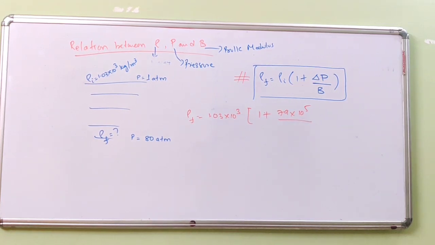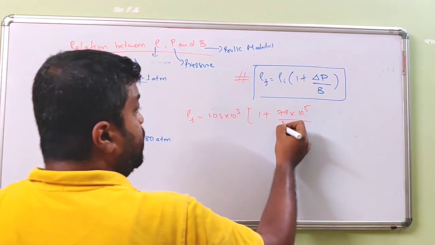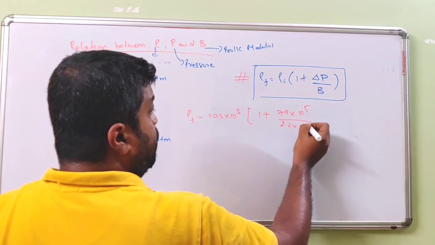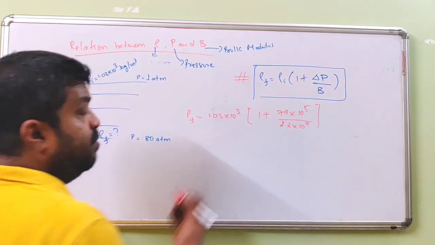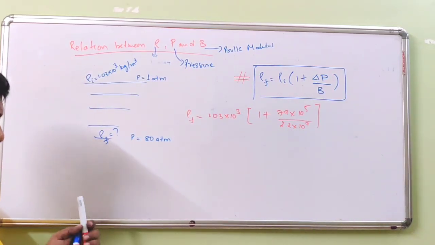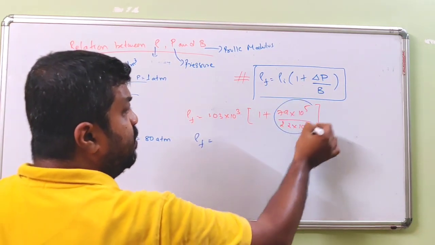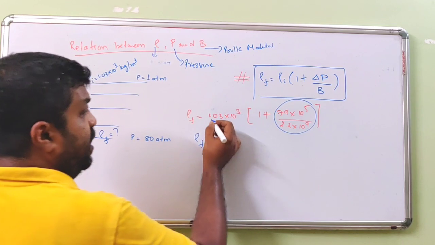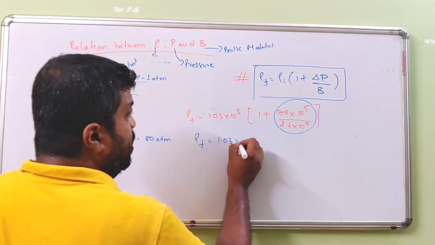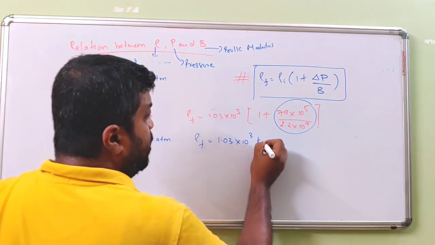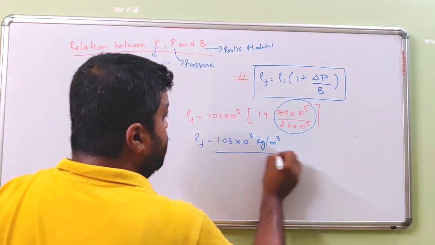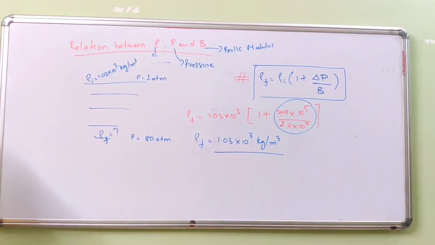The bulk modulus of water is 2.2 into 10 power 9. You have to simplify this to get the final result. If you simplify, you will get a value close to the initial one, because this term is very much less than 1. So the final answer will be close to 1.03 into 10 power 3 kg per meter cube. This is how you have to proceed to solve this question.